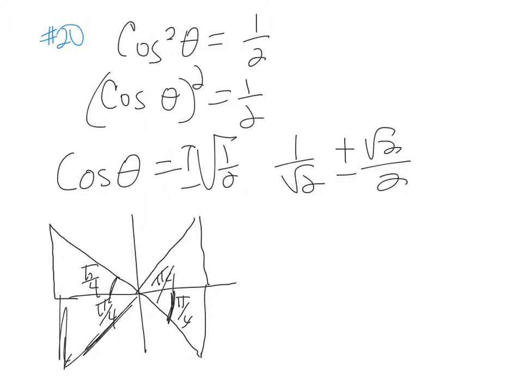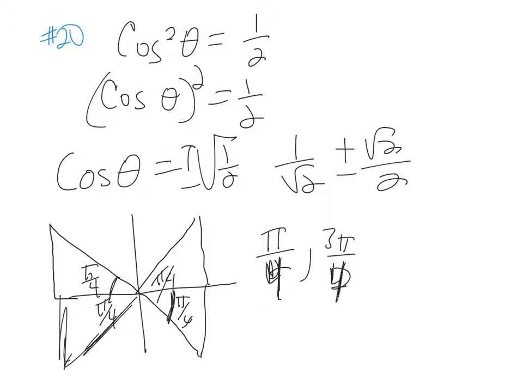So what are the answers? Well, one angle is pi over 4. The next one is going to be pi minus pi over 4, so 3 pi over 4. Why did I write 2 here? Just a minute here. Let me change it. Okay, so that's going to be, oh, look at that, I wrote 2 again.